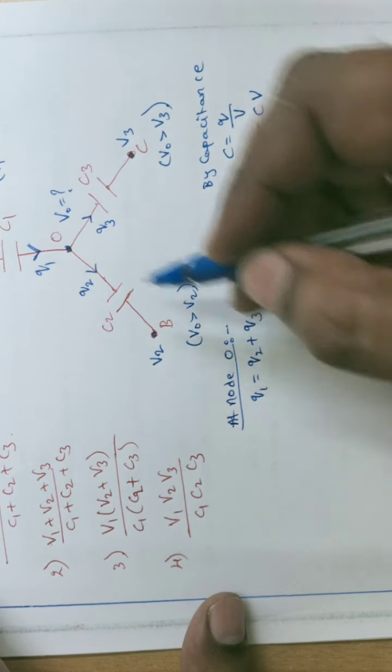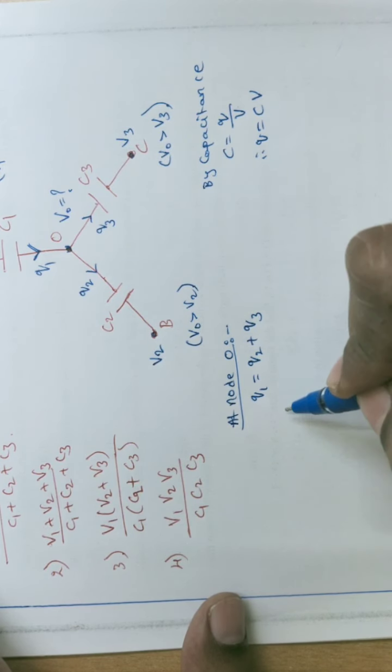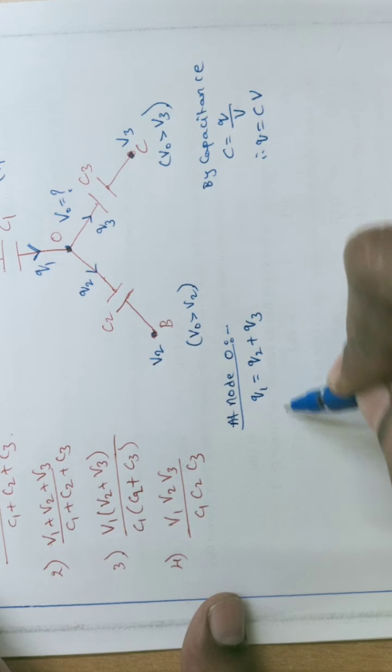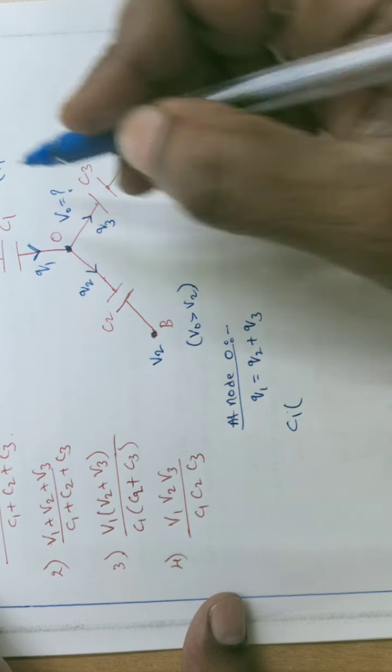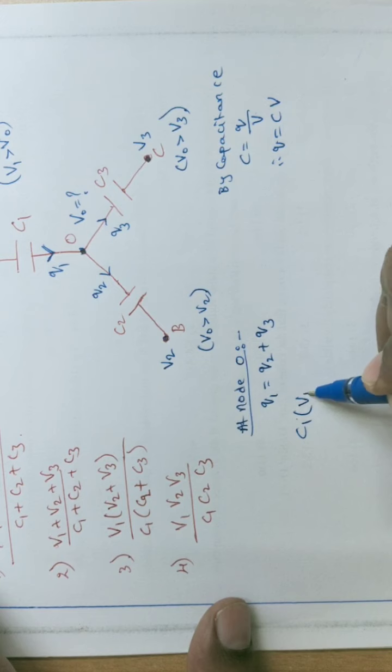Along here, C1 capacitance, Q1 charge is flowing, so instead of Q1 I am representing Q1 is equal to C1 into, which one is greater, V1 is greater than V0, so V1 minus V0 I am choosing.